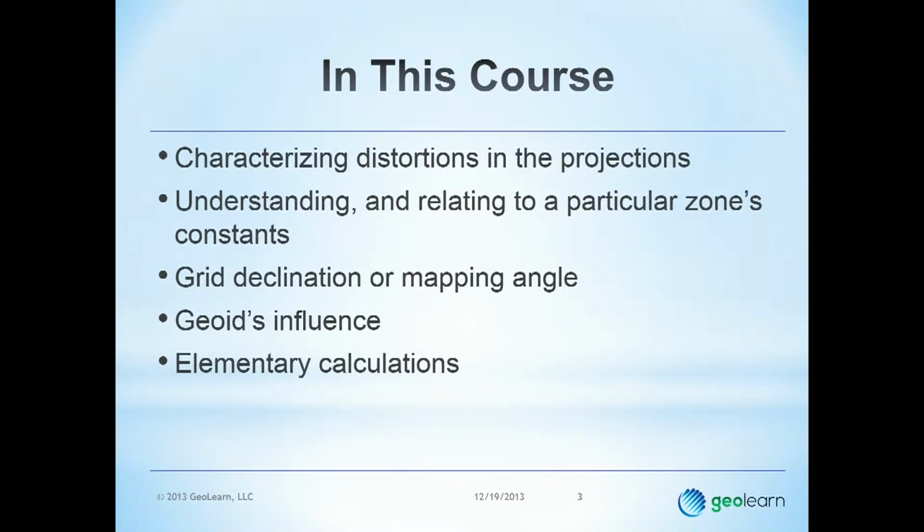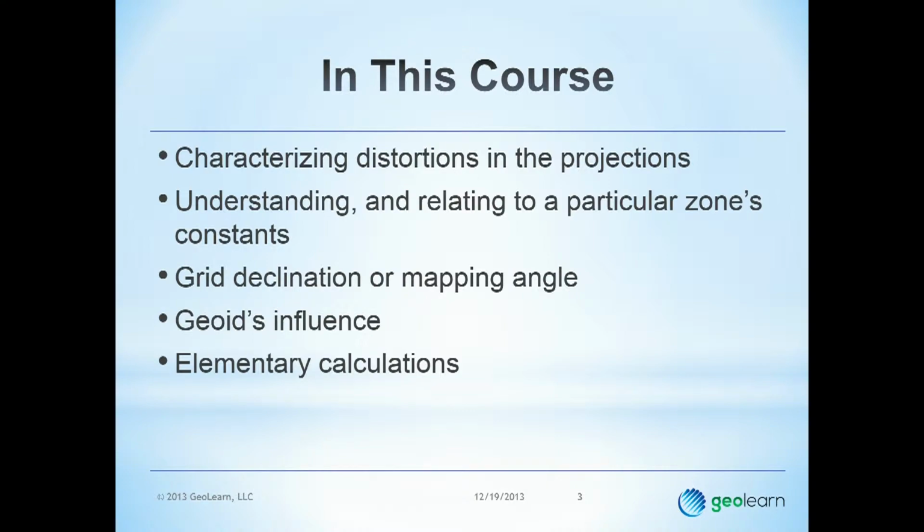So in this course, we'll talk about how we characterize the distortions in the projections, the two types of projections that are used in the state plane coordinate system. And we'll talk about the particular zones' constants and how to understand them, how to relate to them, how to understand how they're applied or considered. We'll talk a little bit about the concept of grid declination or mapping angle.